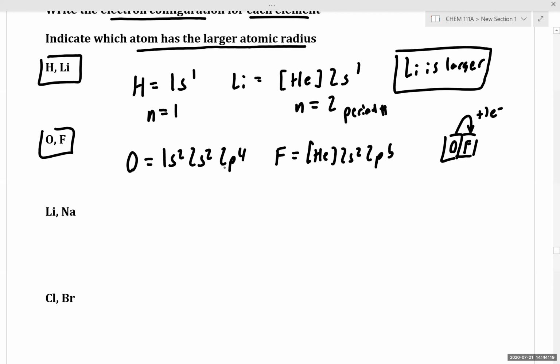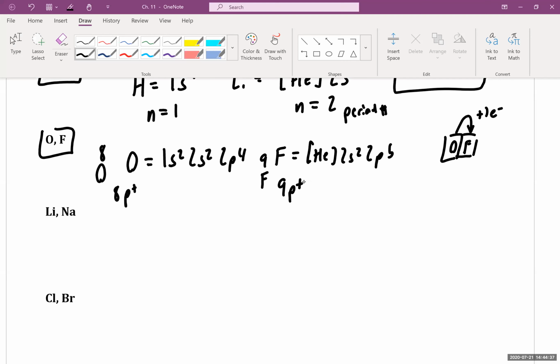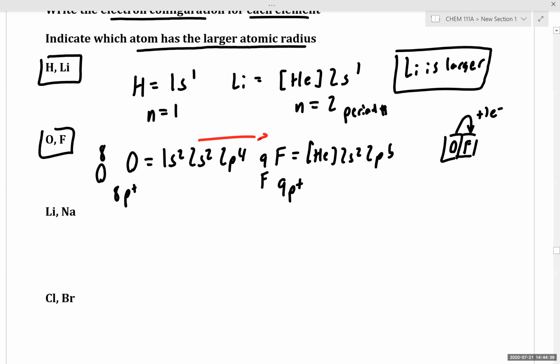Now, if we compare oxygen and fluorine, oxygen has an atomic number of 8, so we have 8 protons, while fluorine has an atomic number of 9, so we have 9 protons. So since these elements are in the same row and fluorine is to the right of oxygen, fluorine is smaller, ergo, oxygen is larger.